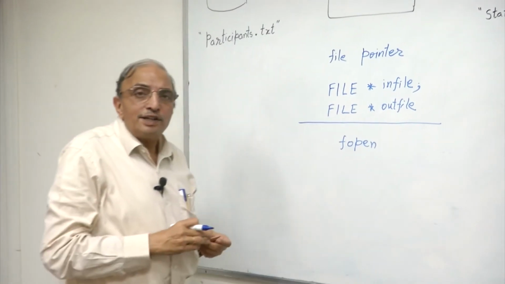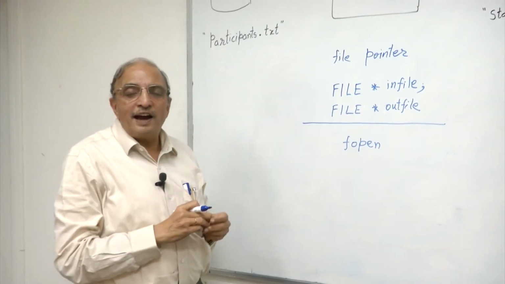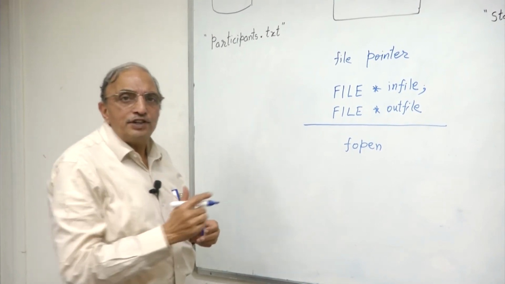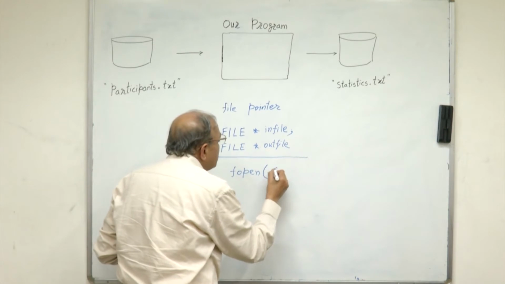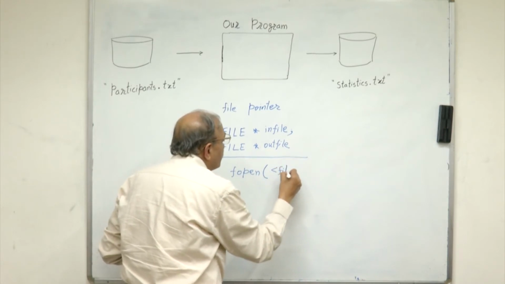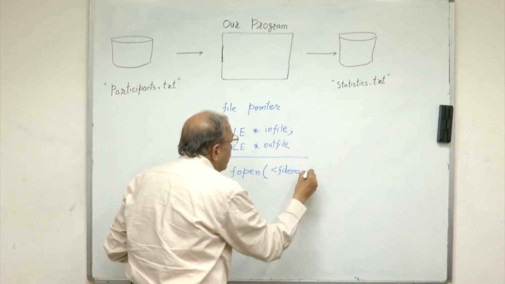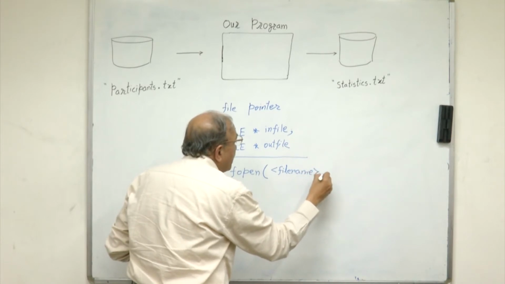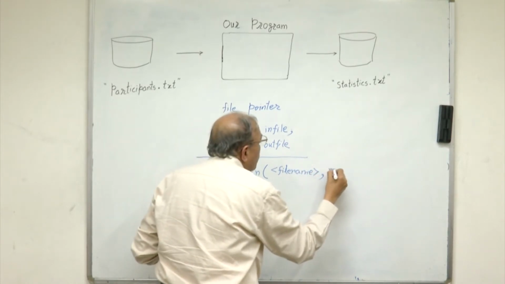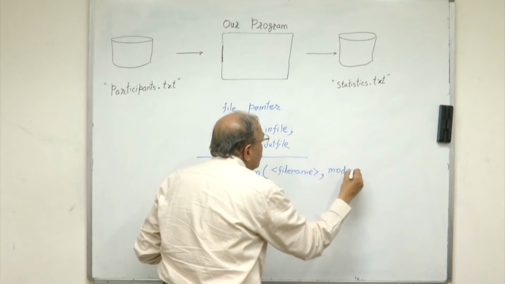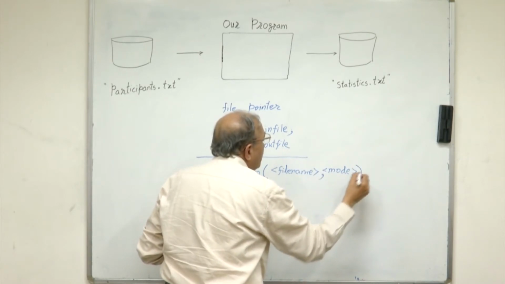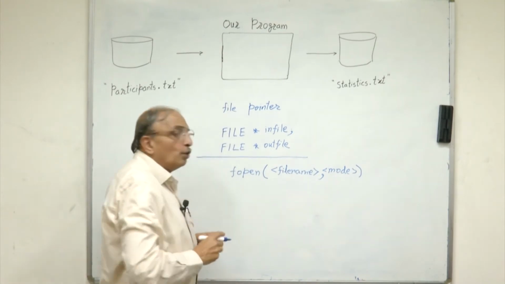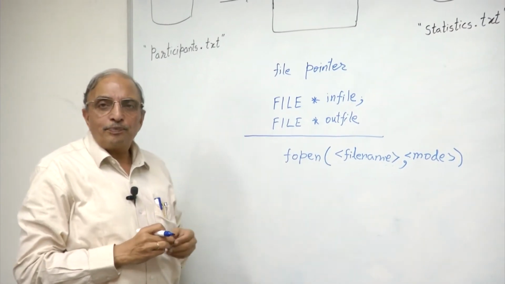As the name suggests, we are opening an external file. This fopen function requires two parameters. The first parameter is the external file name, and the second parameter is called a mode value, which is actually a text symbol indicating in what fashion we wish to use the data.